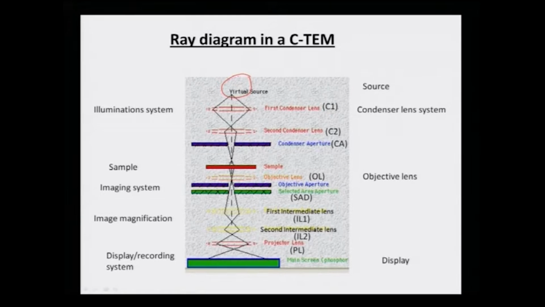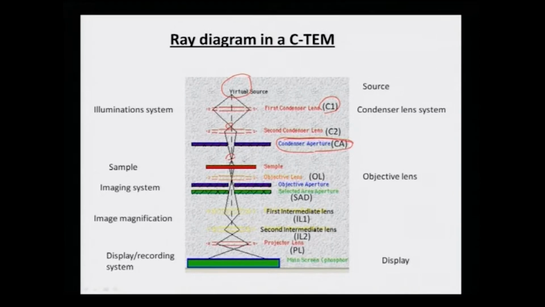Then from the source, the electron beams are focused by a first condenser lens to a very small focused beam, and that focused beam can be defocused by a second condenser lens, and also focused later on the sample. Normally in an electron microscope we put a lot of apertures to select a particular electron beam. The condenser aperture is one such aperture, which can control the beam size.